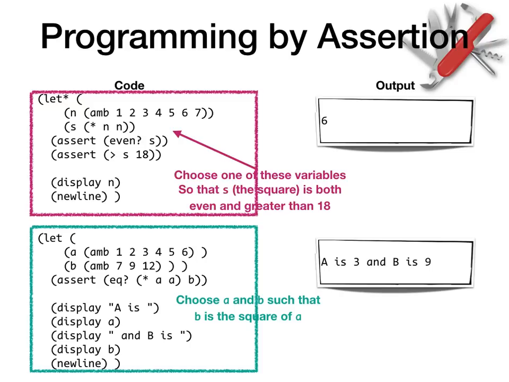Notice n has our ambiguous value, but we're actually doing assertions about s that knows nothing about the ambiguous values. So we're asserting that s is going to be even and that s is going to be greater than 18, and then we're going to display what n is. And lo and behold, it outputs 6.